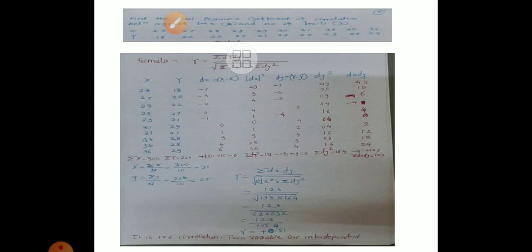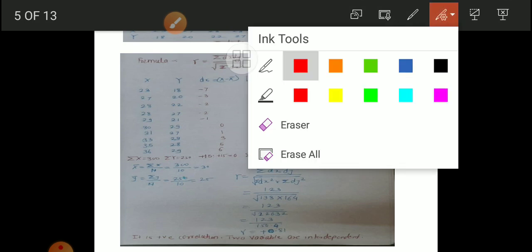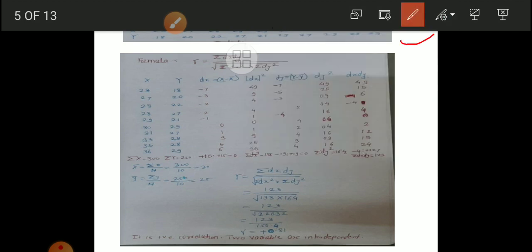So here is an example. In this example, the values of the x and y variables are given on the upper side. The same values are given again here, and we have to find the correlation coefficient among them. The formula is here: r is equal to summation dx dy divided by the square root of summation dx square and summation dy square.